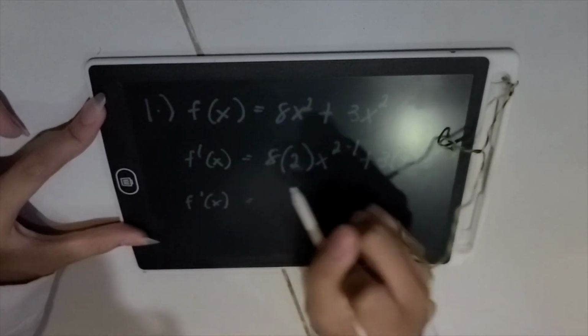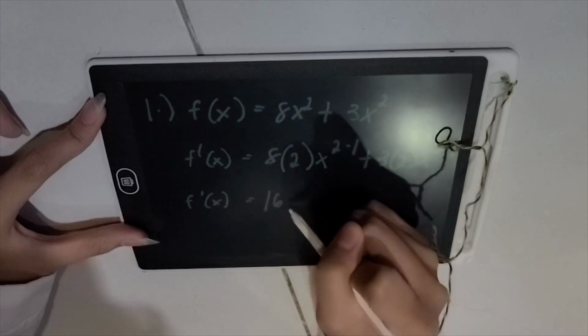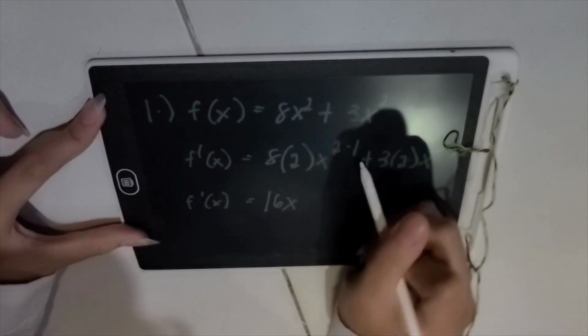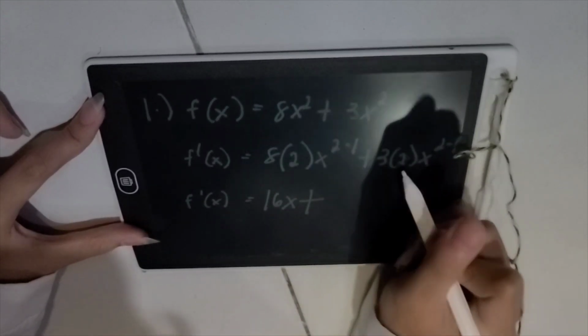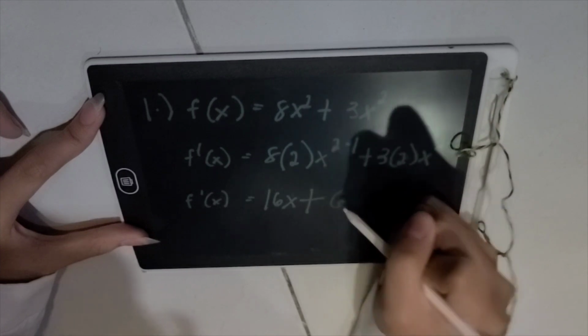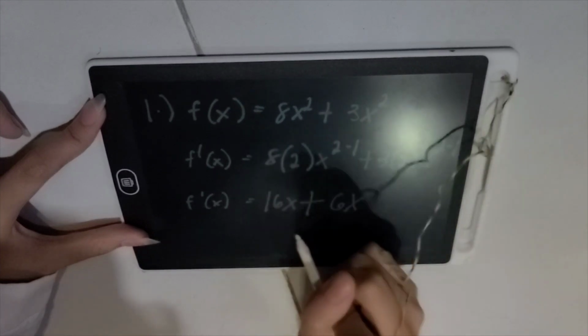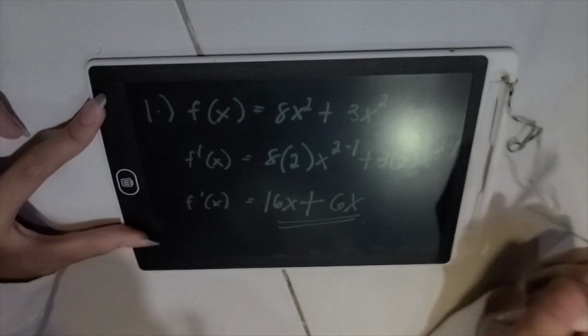So 8 times 2 is 16. 2 minus 1 is 1. So 3 times 2 is 6x. So that's our final answer for equation number 1.